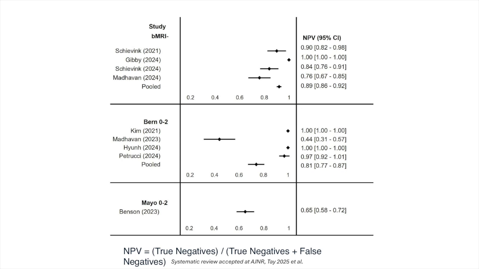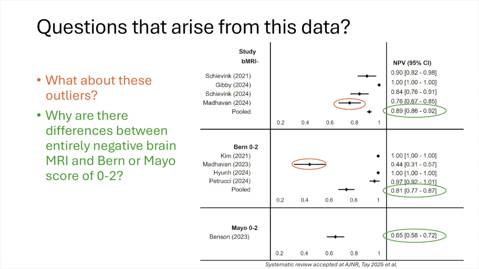For a Bern score, it was 81%. And then for the Mayo score, it was 65%. So what questions arise from this data? Well, there are 2 outliers here that we need to look at. And why are there these differences between an entirely negative brain MRI and a Bern or Mayo score of 0 to 2?